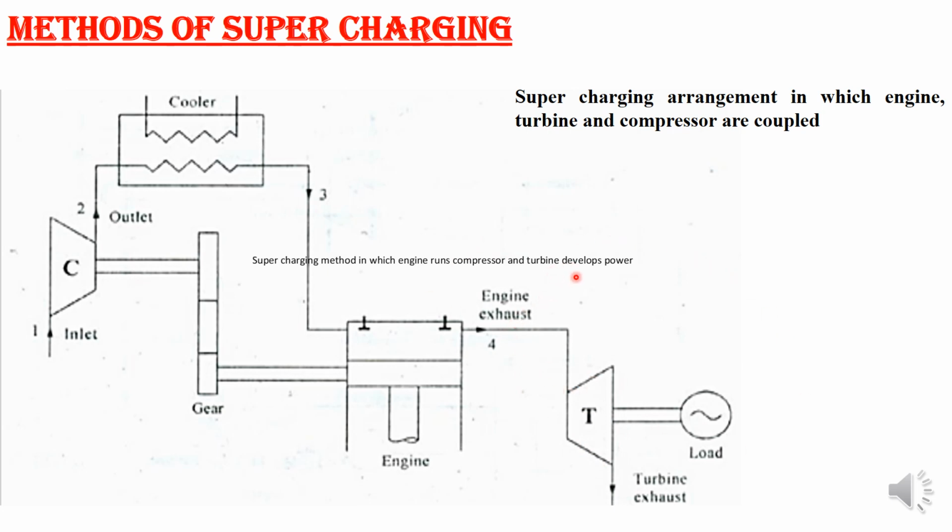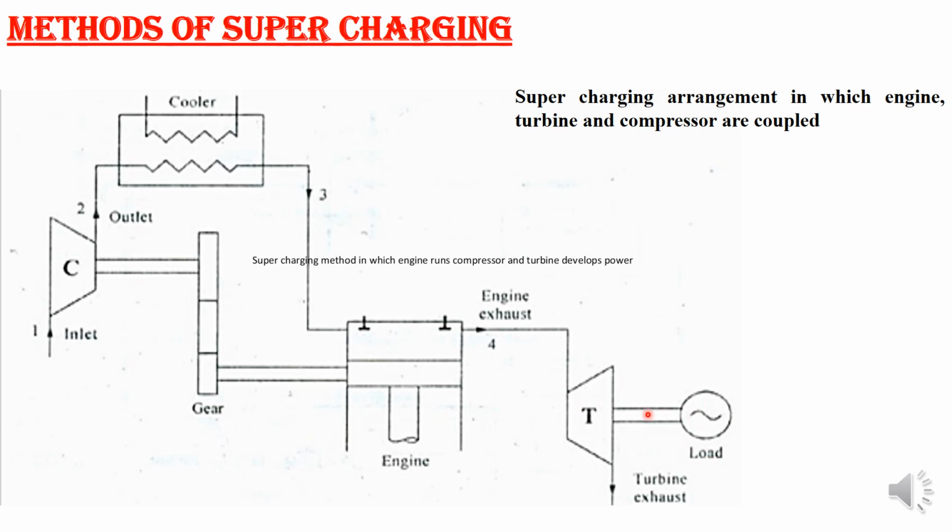In the fourth method, what will happen? In this arrangement, the engine supplies total power to the compressor. Whatever engine power has been produced has to be given to the compressor, and the exhaust gas from the engine drives the turbine to give the power output.